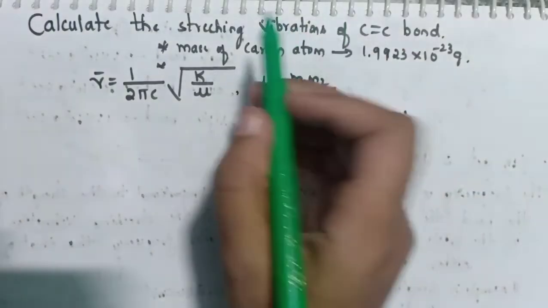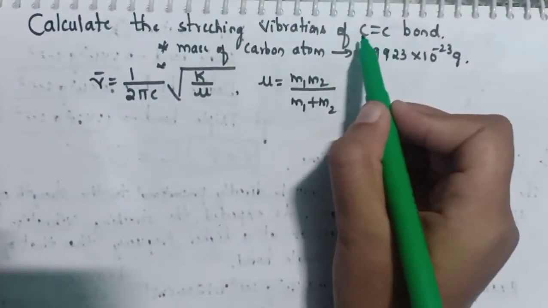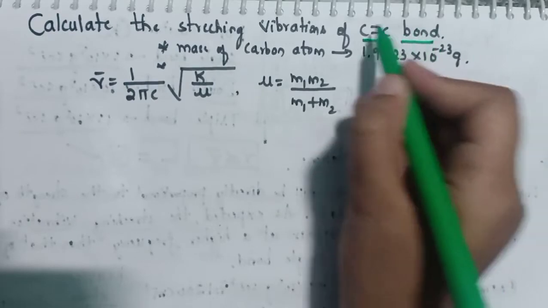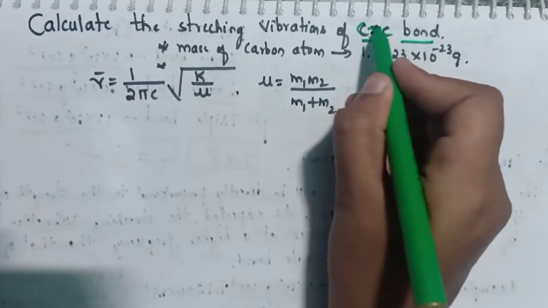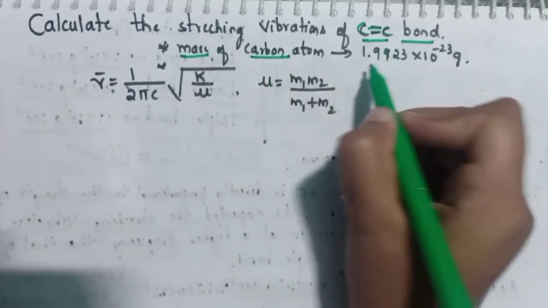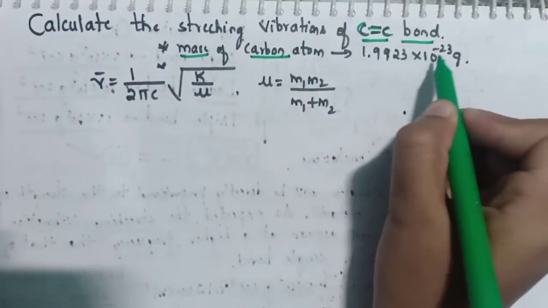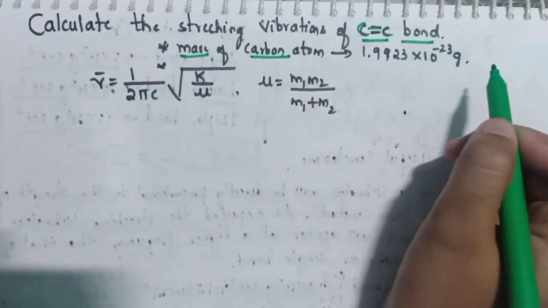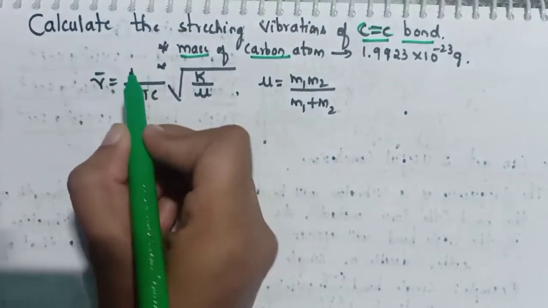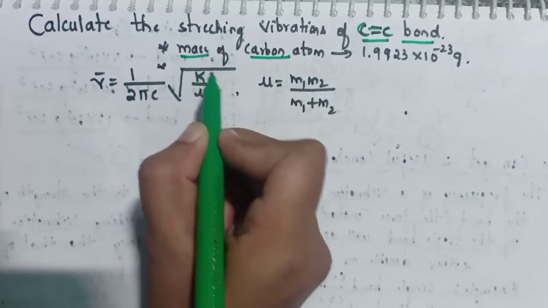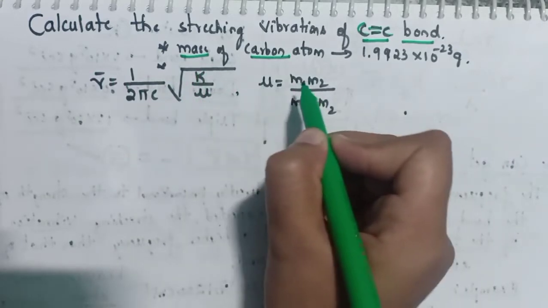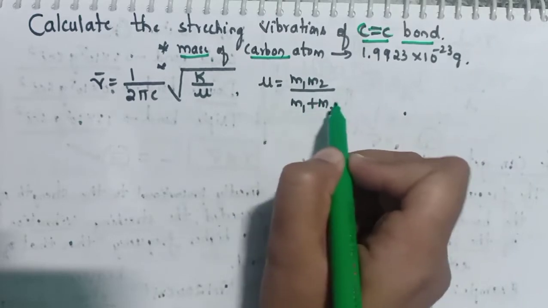Now let us calculate the stretching vibration of the C=C bond. Here we know that the mass of a carbon atom is 1.9923 × 10⁻²³ grams. We know that ν̄ = 1/(2πc) √(k/μ). Here μ is the reduced mass, given by m1m2/(m1+m2).